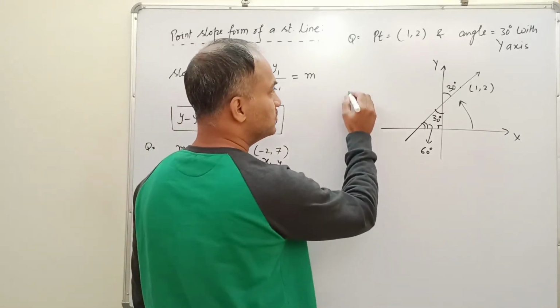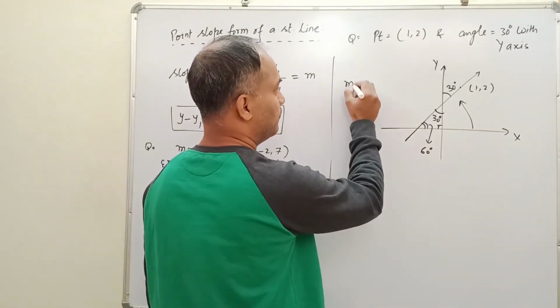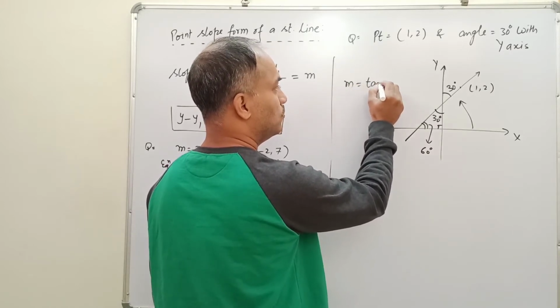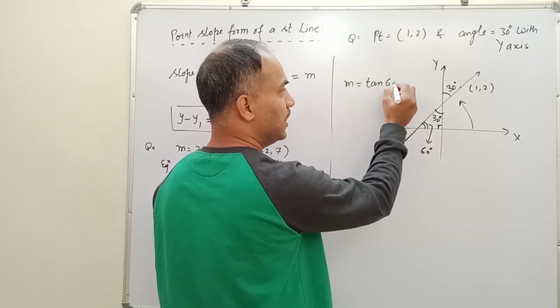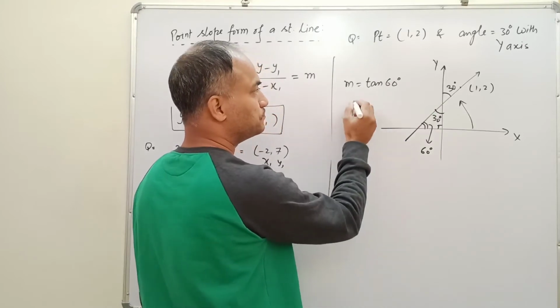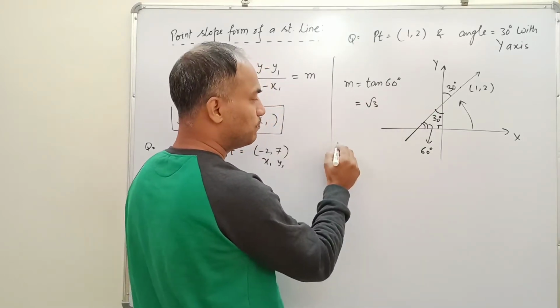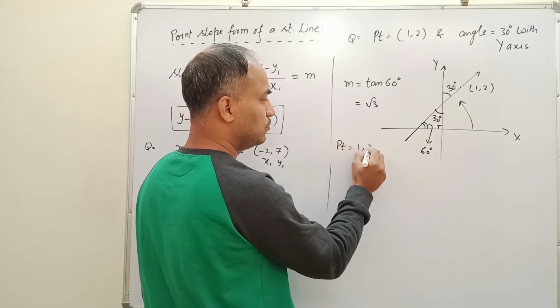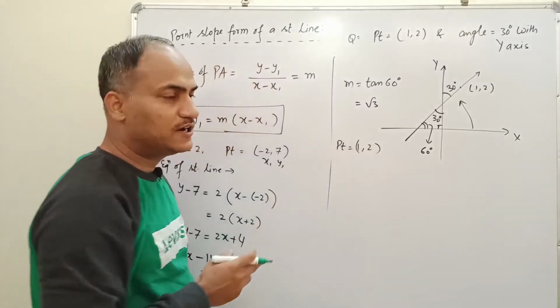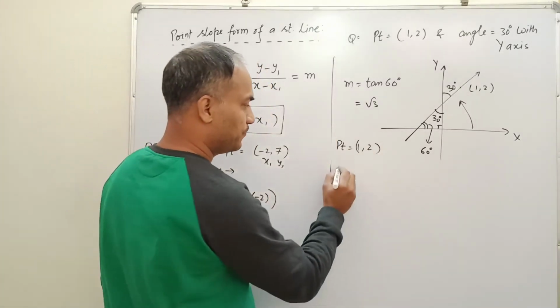So here m is equal to slope, which is equal to tan theta, and theta here is 60. So this is root 3. So m is given to you, point is given to you. So the equation you can find directly by this formula.